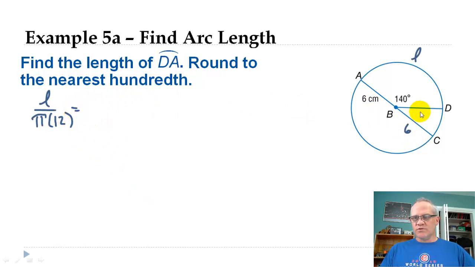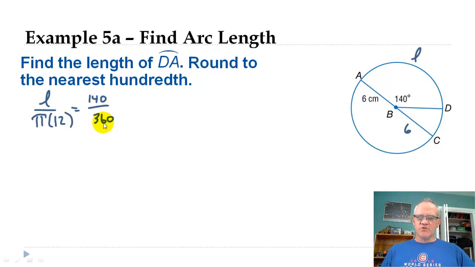And that will equal the degree. Remember, 140 degrees, that's the same as out here. So this would be 140 degrees over 360. We just set the proportion of the length over the total length, which is the circumference, equal to the degrees, the part over the total.